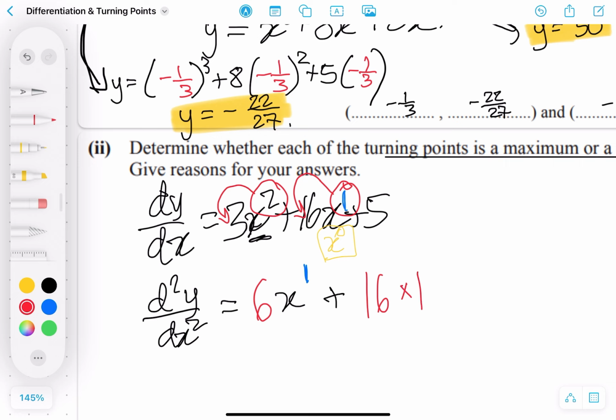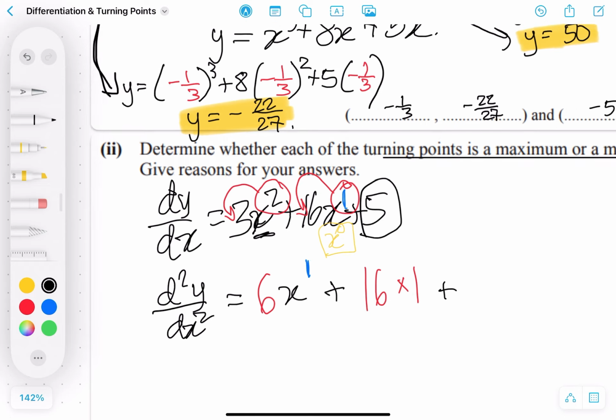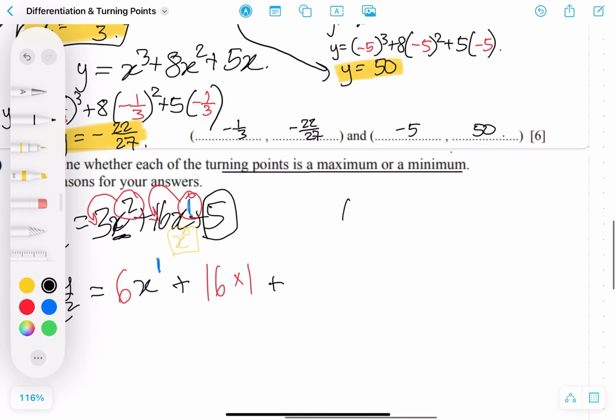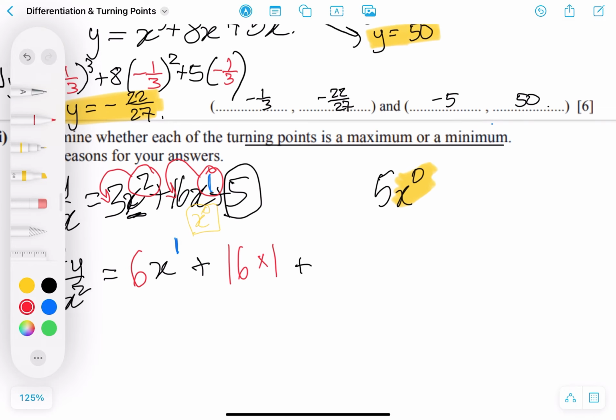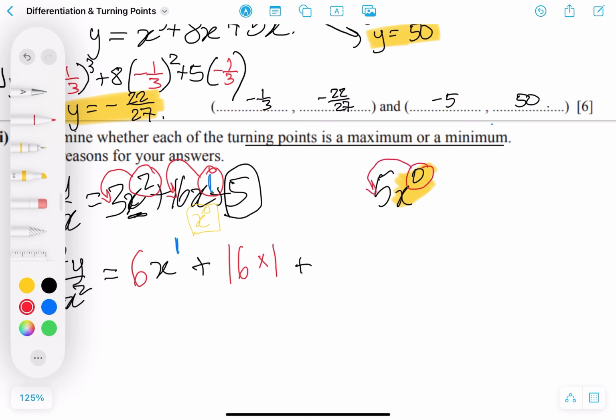And for the final term, we have 5. And 5 can be rewritten as 5 multiplied by x to the power of 0. Because we know that x to the power of 0 is 1, so it's the same thing. So we can just do the same rule here. We take the power of 0 multiplied by 5. And we get 0, and then keep the x the same.